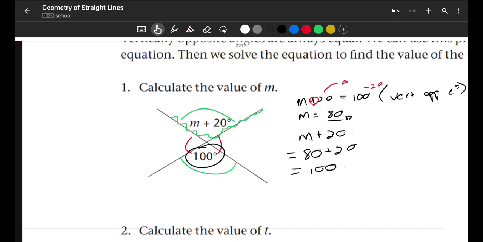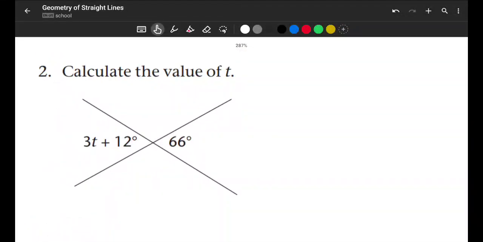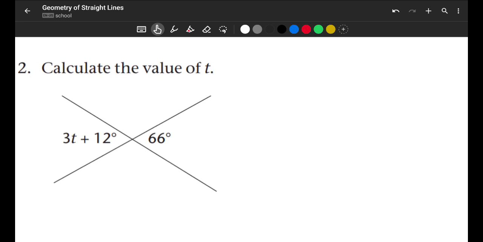Moving on to the next one, same thing here, calculate the value of t. So we begin once again. Always remember your reasoning. So here we're going to say 3t plus 12. Remember, vertically opposite angles, so this angle and that angle are the same.